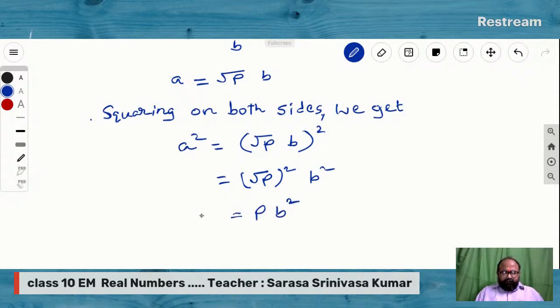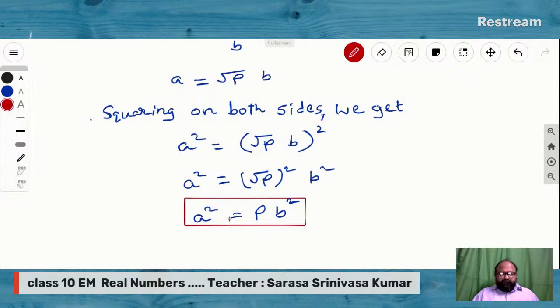So finally we got a square equal to pb square. So this is the result we got.